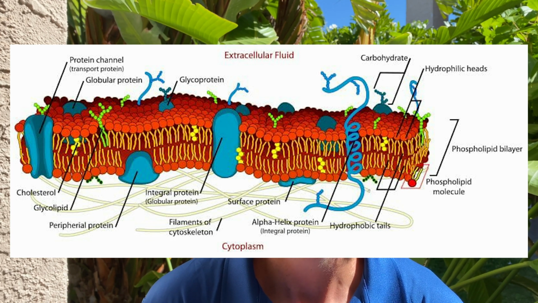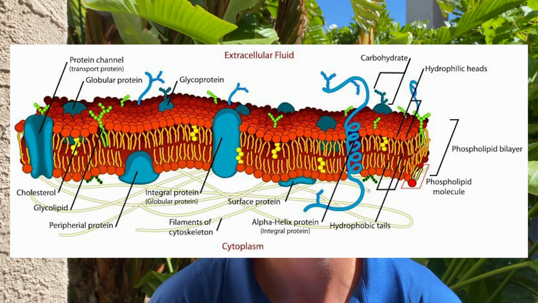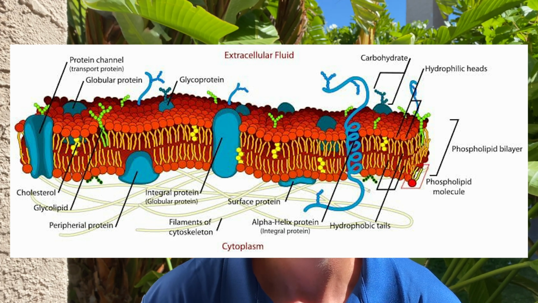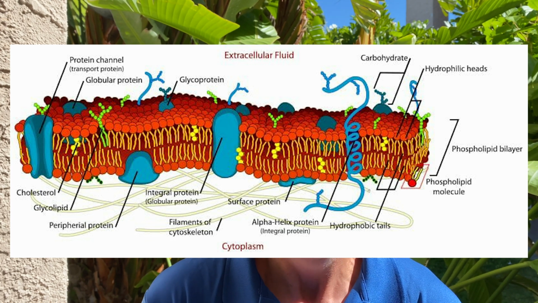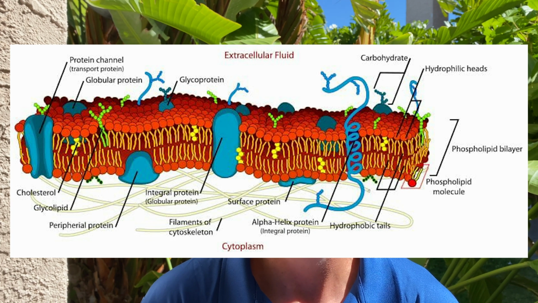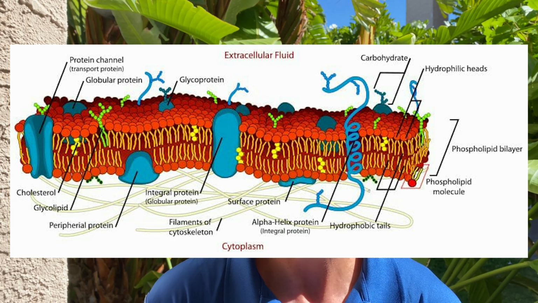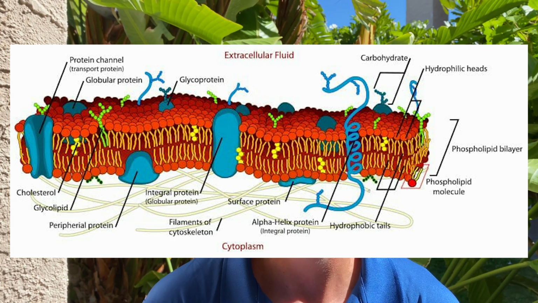And there's also cholesterol, which serves as a support molecule that helps give some rigidity to the plasma membrane. All of these components can move around within the plasma membrane, so you should think of it as a fluid type of situation.